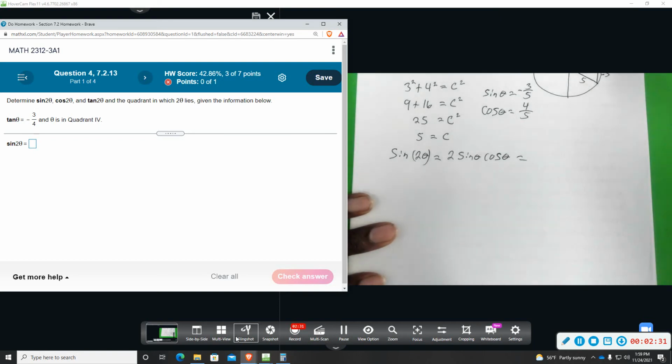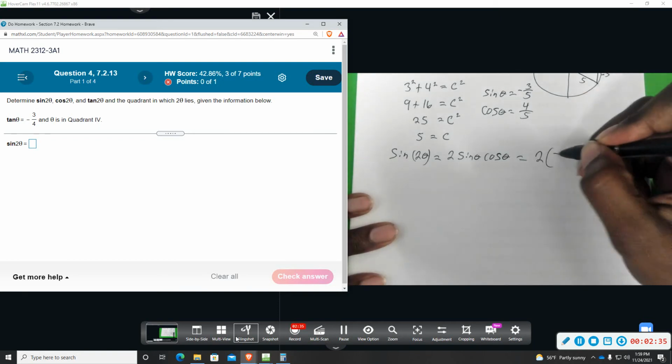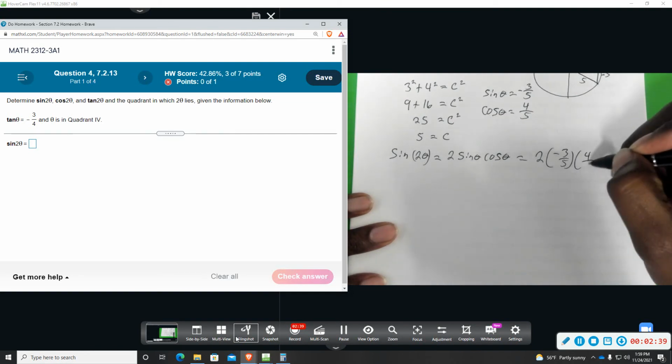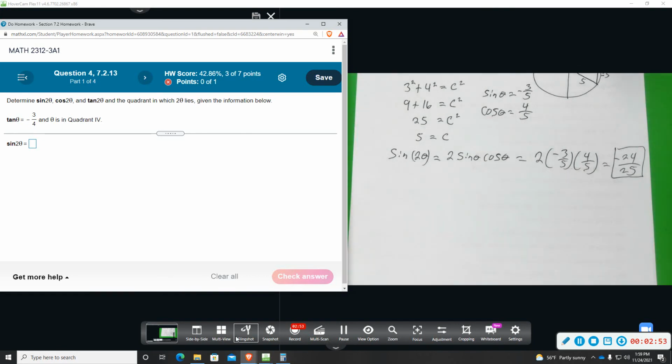Alright, so for us that will be 2 times negative 3 over 5 times 4 over 5. Alright, so we have negative 24 on the top over 25. Negative 24 over 25. So that's what we get for sine 2 theta.